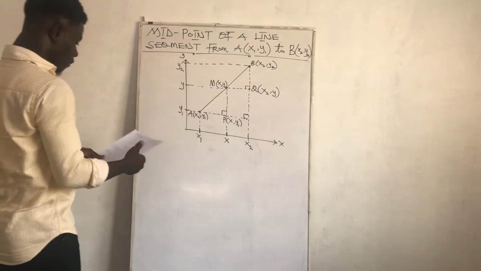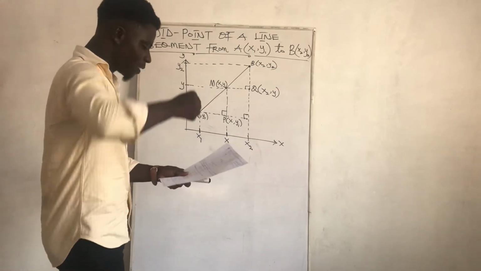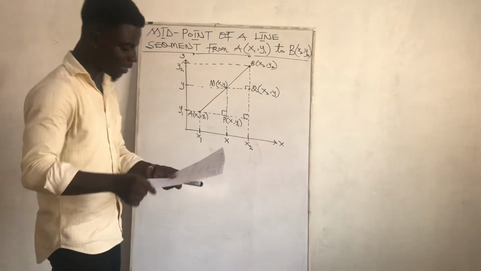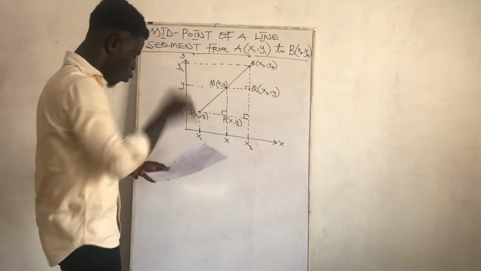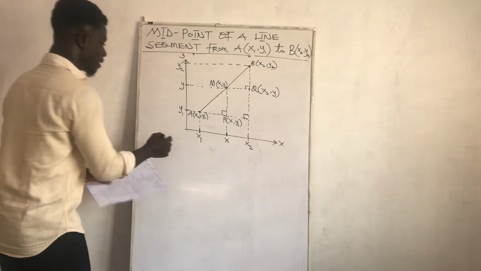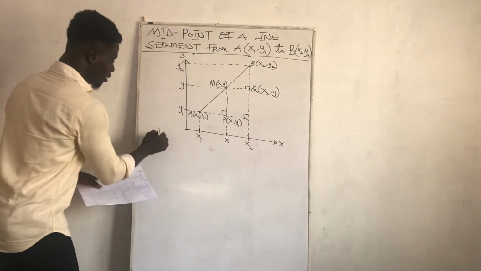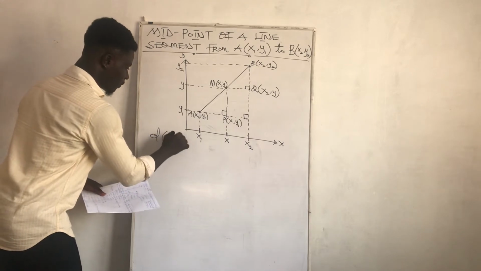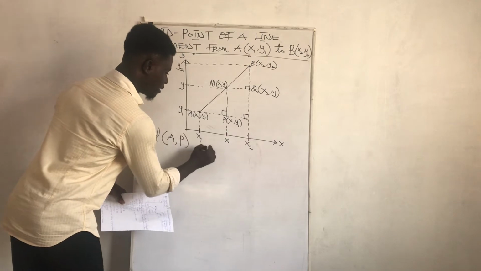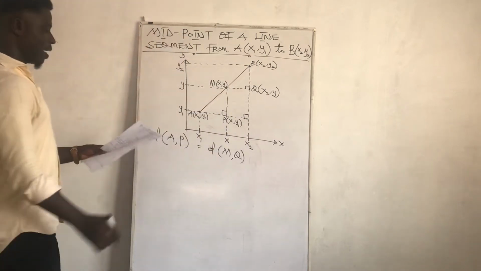Alright, considering the diagram on the board again, if M is the midpoint of the line segment AB, then we have equal distances along the x coordinates as follows. The distance of AP must be equal to the distance of MQ, because they are on the horizontal axis, the x-axis.